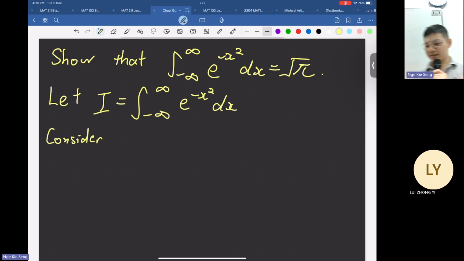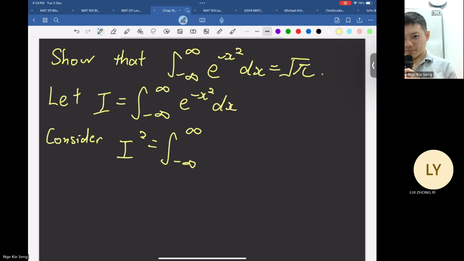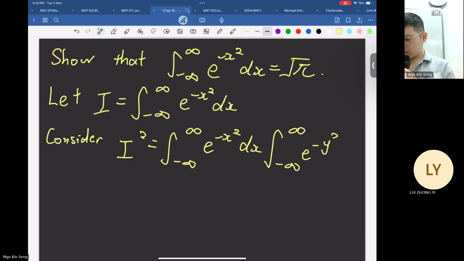Okay, we consider a product of 2. Just now we split, right? Remember just now we split the product if the function is a composite of the 2. So if we can split, we can combine as well.